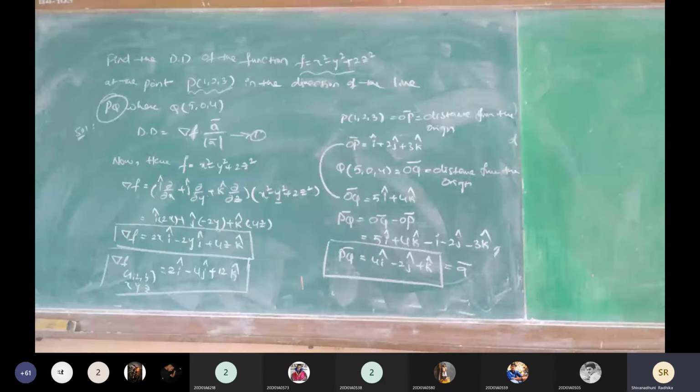Where is phi in this problem? 1 by r is nothing but phi. Now, for the directional derivative, the first step is to find del of 1 by r. Is it clear to all of you?